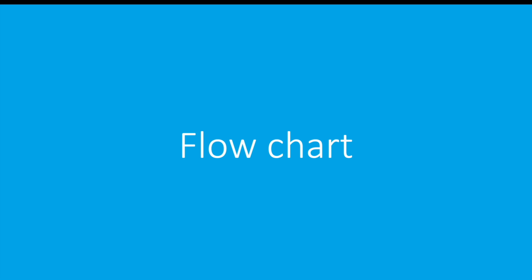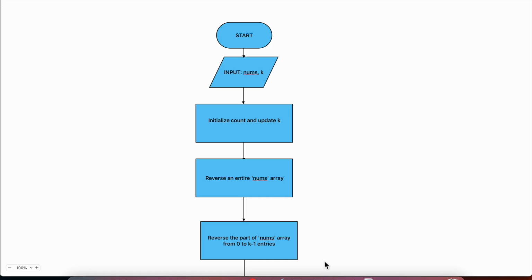Let's look at the flow chart. For this procedure, the inputs are the nums array and integer k. First we are initializing the count and we update the k.